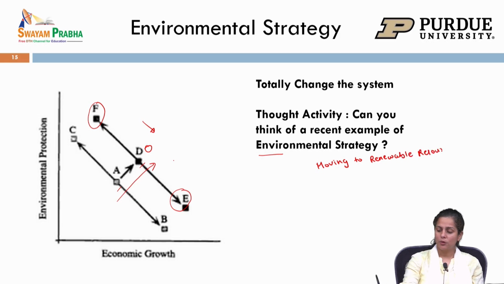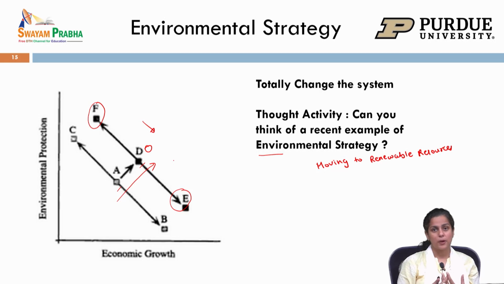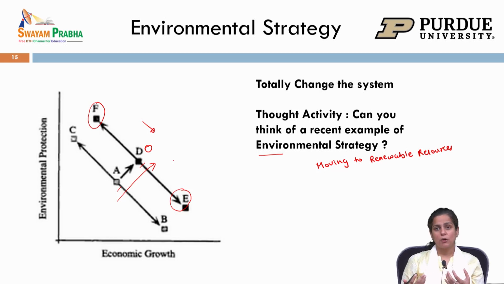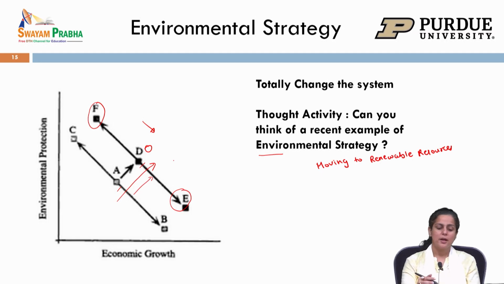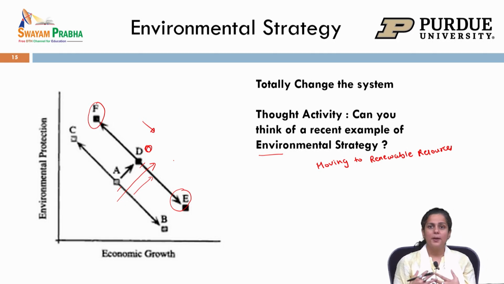When we think about moving to renewable resources, what we are doing is we are actually improving on environmental protection by moving towards biomass or something. And also, we have completely changed the system because we are moving away from the fossil. But within that system, we are still struggling to optimize so that we can provide more economic growth by improving on the profitability of that system.